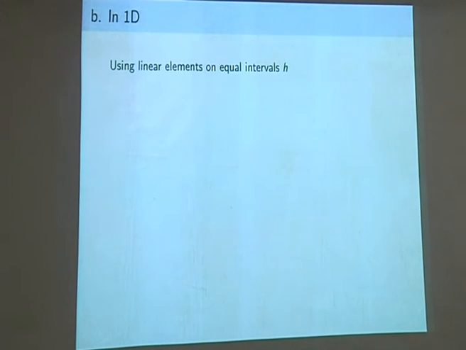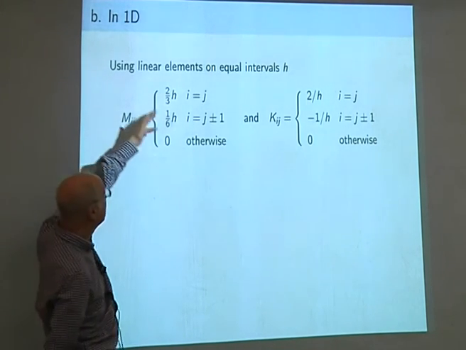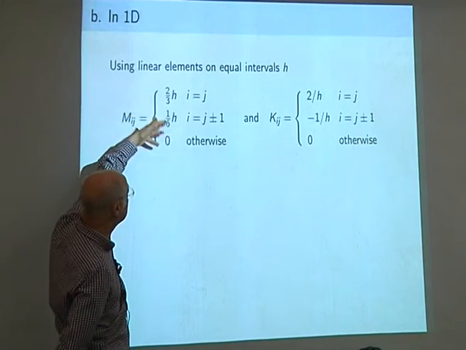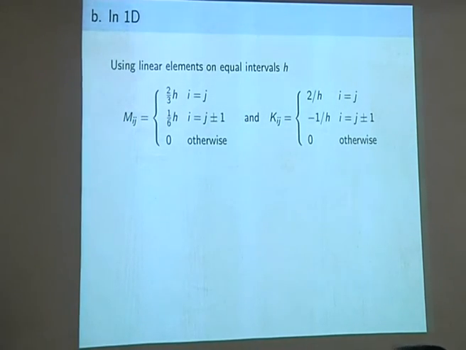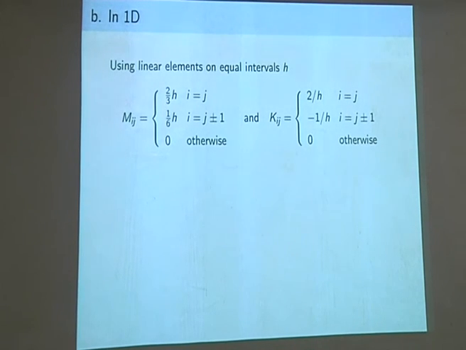So quickly, in one dimension, for this diffusion equation, if I have linear elements equally spaced, we had what the stiffness matrix was earlier. The mass matrix is 2/3 for i equals j, and 1/6 if j is one different from i, and 0 if the elements are not adjacent to one another.